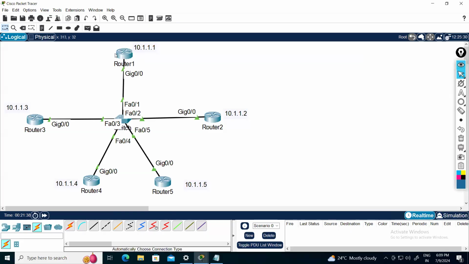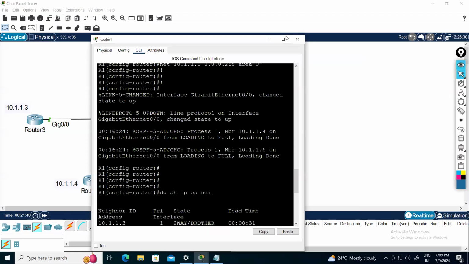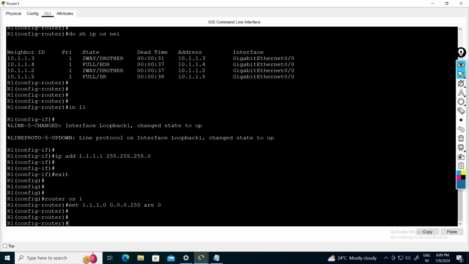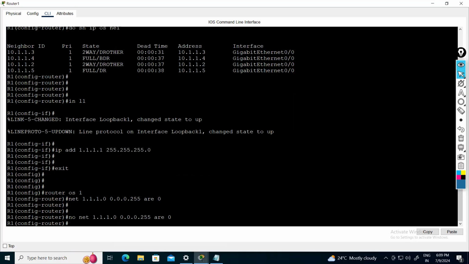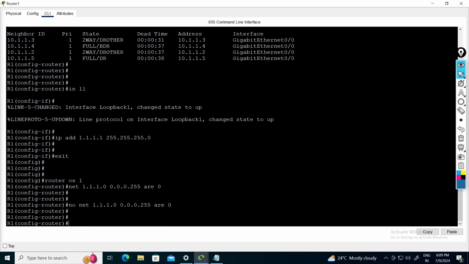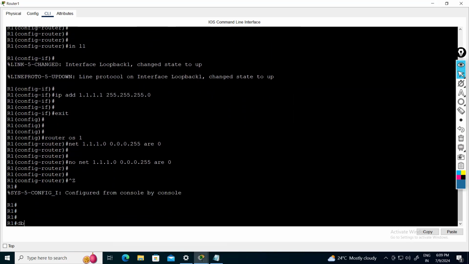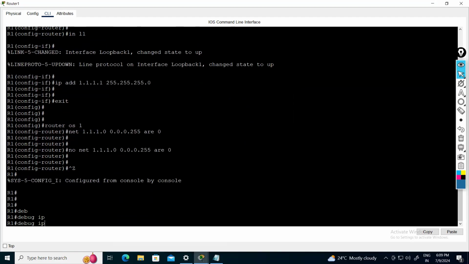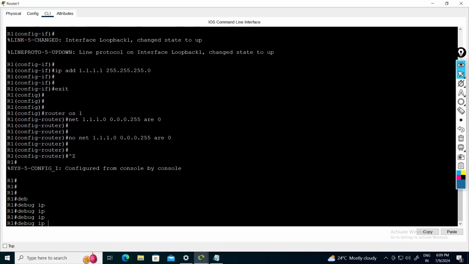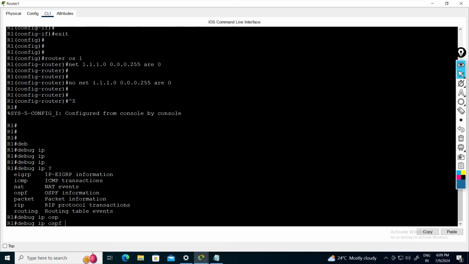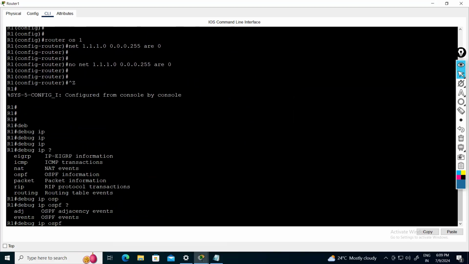If you want to see, then you have to debug. Like if I want to debug here, whether a network is removed or added, everything will be done by the OSPF itself. So you can go here and say debug IP OSPF events.